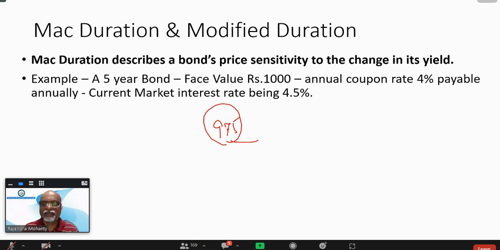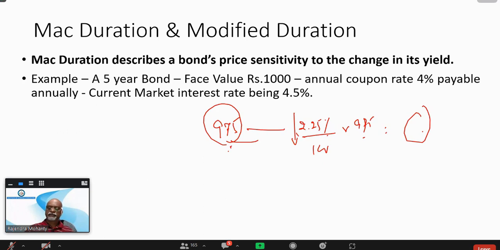Suppose the price is coming down by 2.25% and 975 was the original price. In 100 it is 2.25, so in 975 how much? That is 2.25 divided by 100 into 975. That is the calculation, and you get the price.